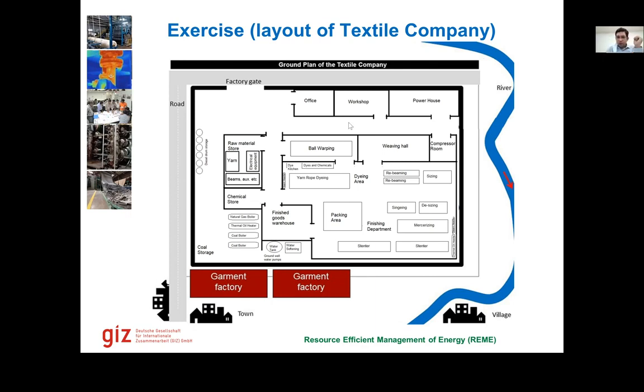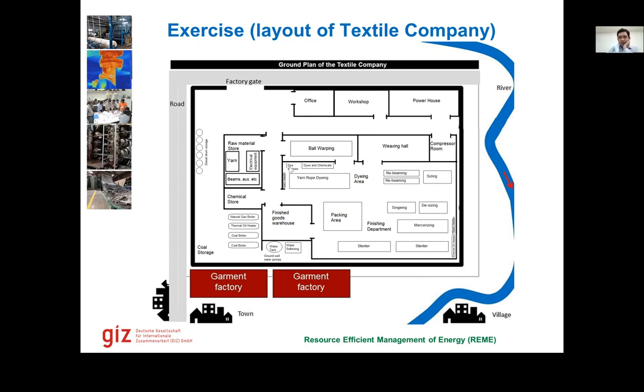This rope then goes to the rope dyeing process. Because this is a denim factory, we do not dye the fabric, we dye the yarn. So the yarn is fed to this machine in the form of multiple ropes, the whole rope is dyed, and it comes out.